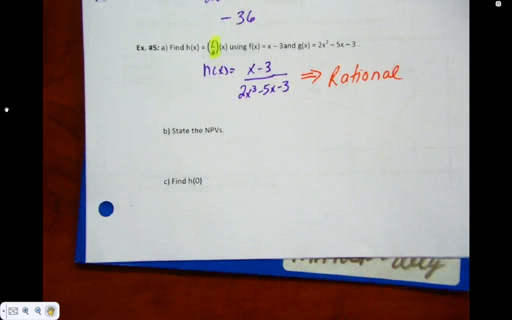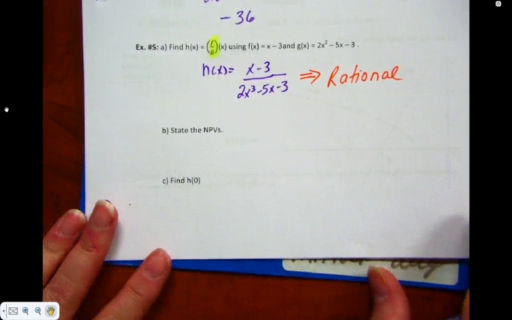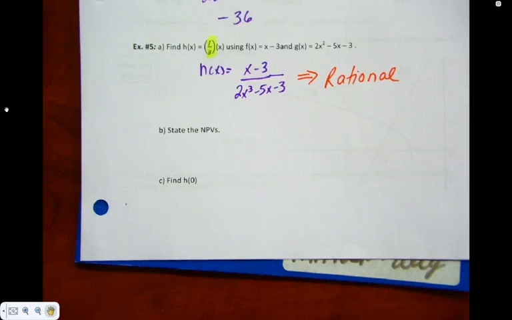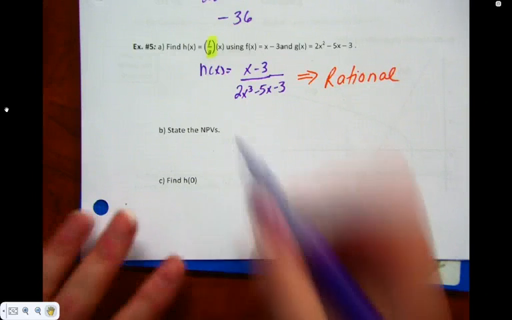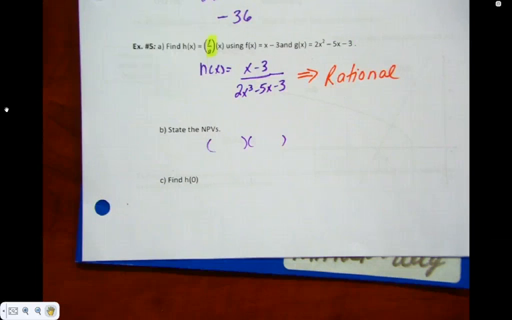State the NPVs. What the heck are NPVs? So at the bottom, this is when we found holes or vertical asymptotes, so same idea here. So let's factor the bottom.